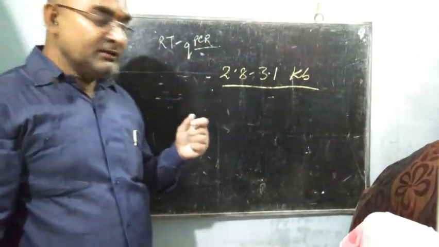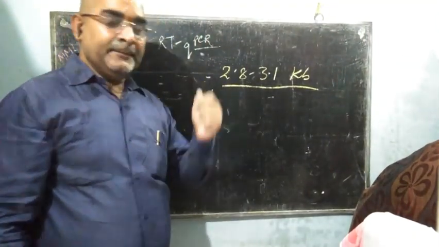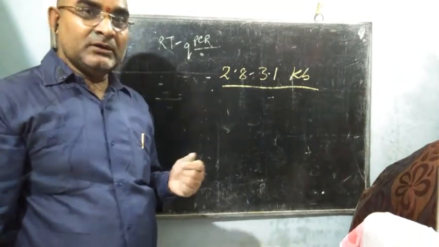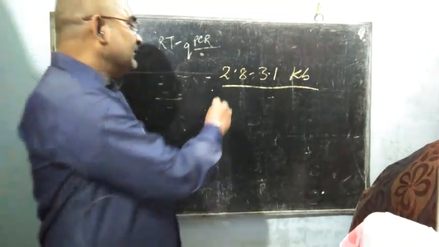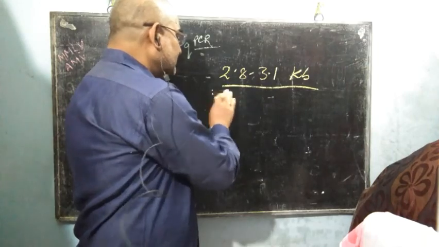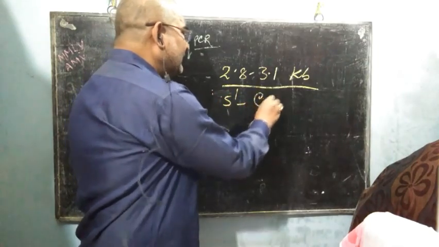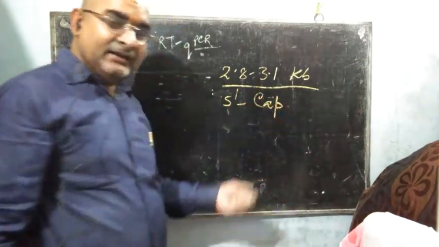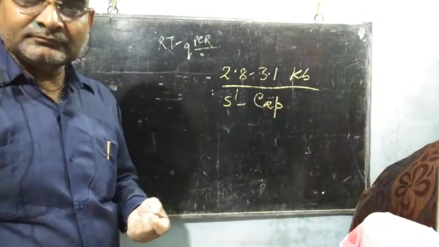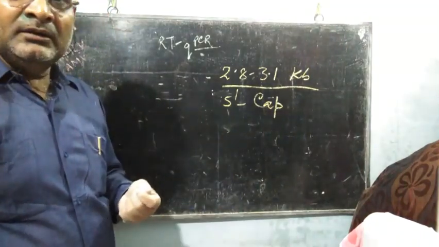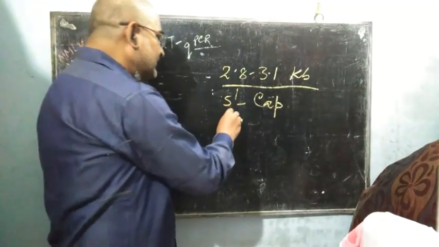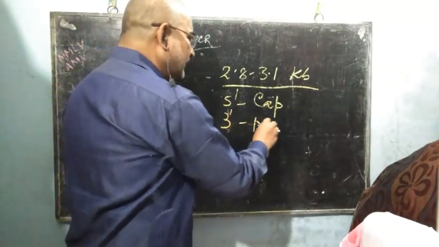Why? Because the RNA of the corona group contains a 5' cap, as the mRNA of the eukaryotic cell, and a 3' poly-A tail.